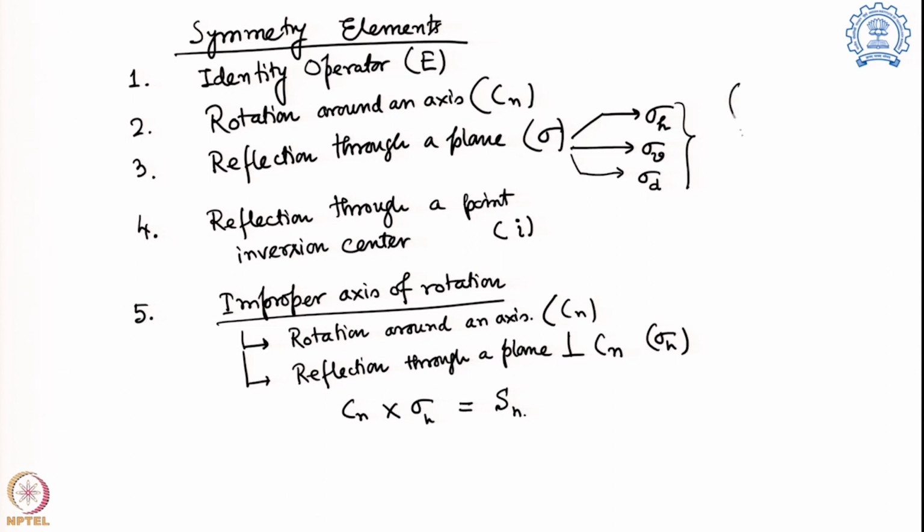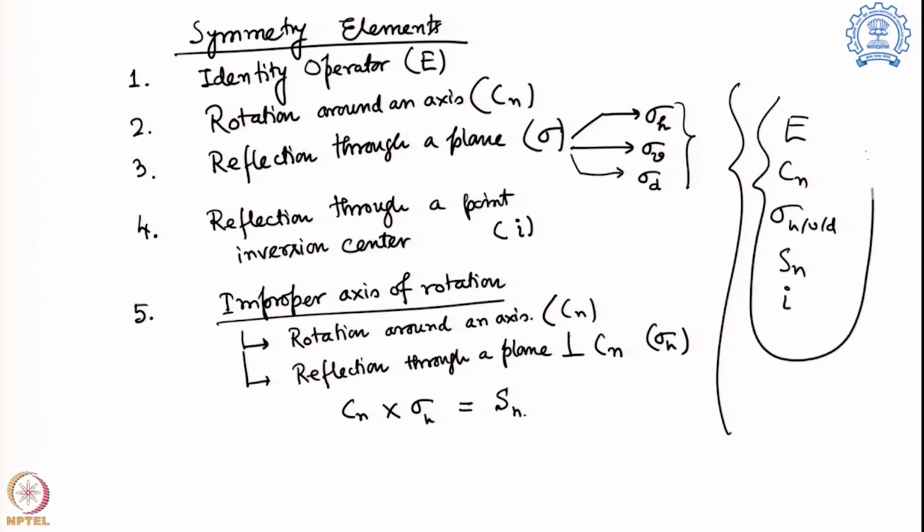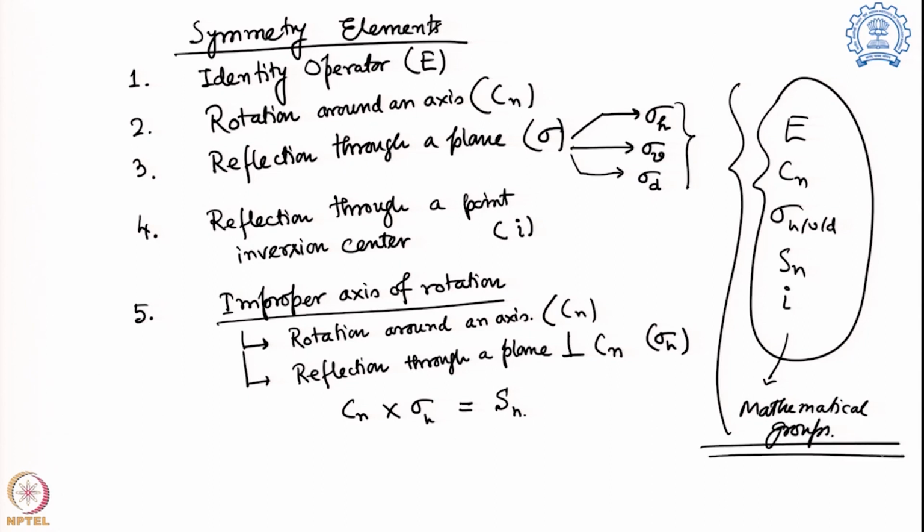and we have also found that these 5 can be combined in different particular groups, and those groups are known as the mathematical groups. And these mathematical groups that we have found can be divided in 4 broad areas.